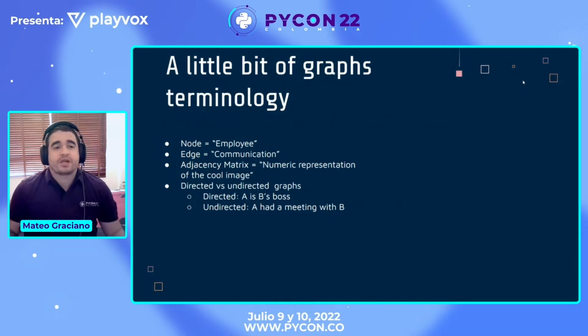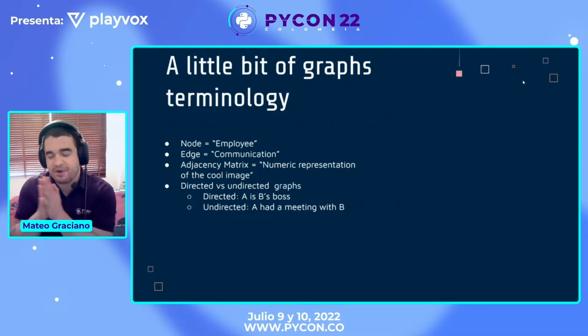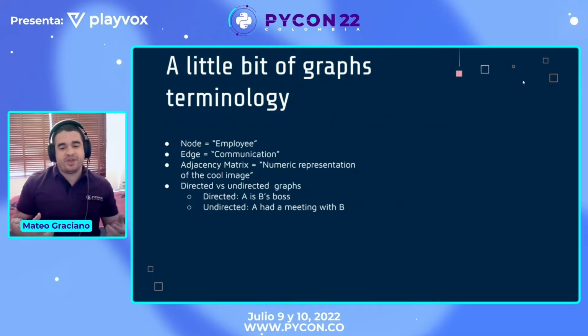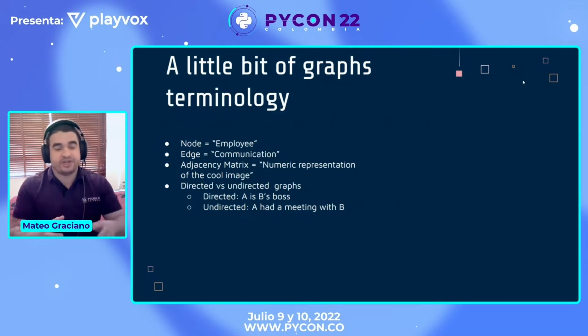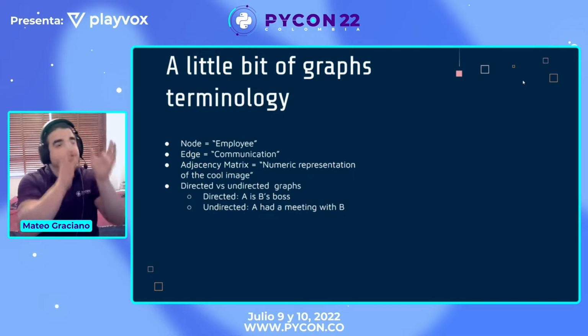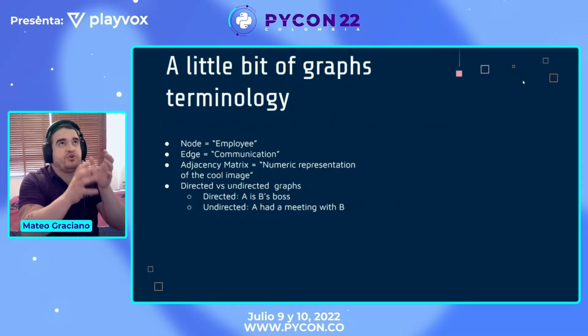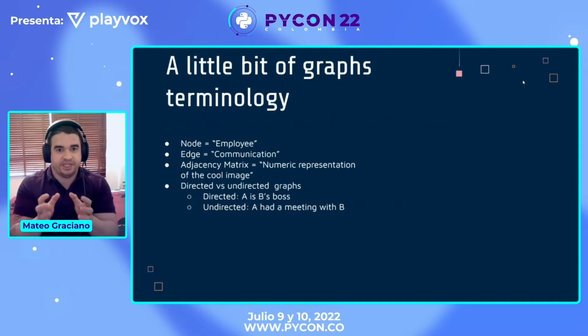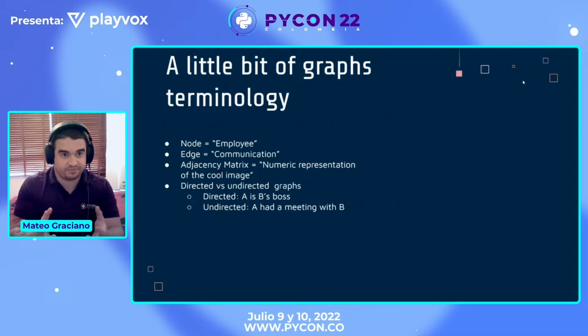So let's talk a little bit about graphs. The cool thing about this is that once you have connections, you are able to convert that abstract idea that is your organization into a mathematical object, which is a graph.